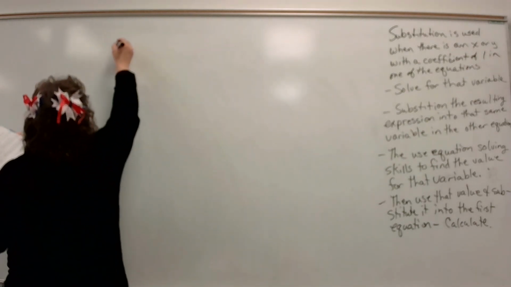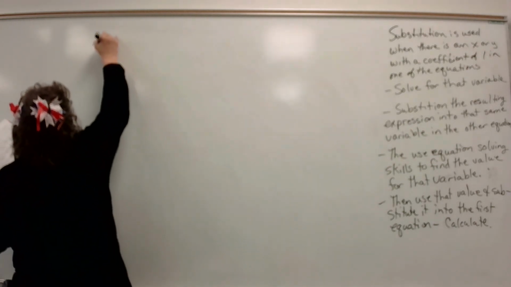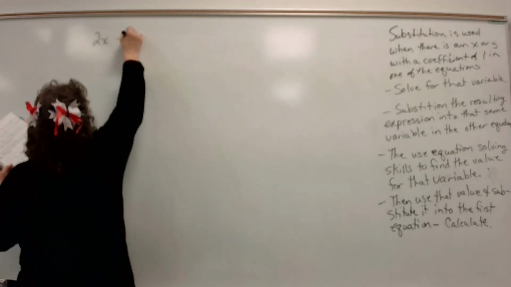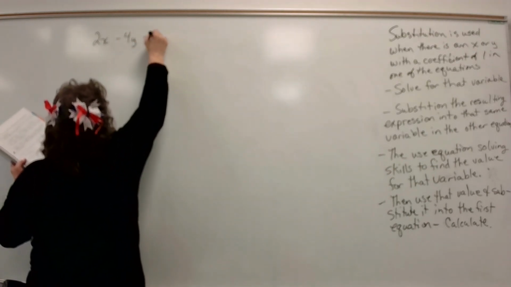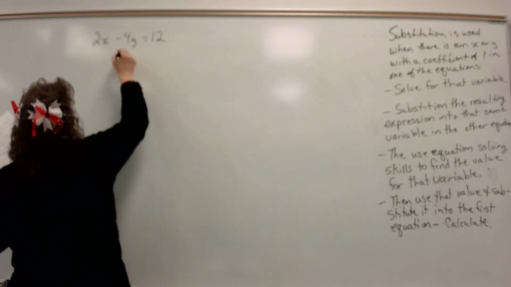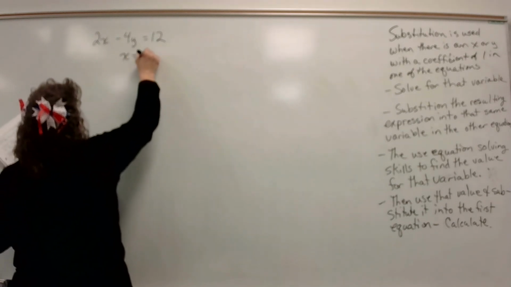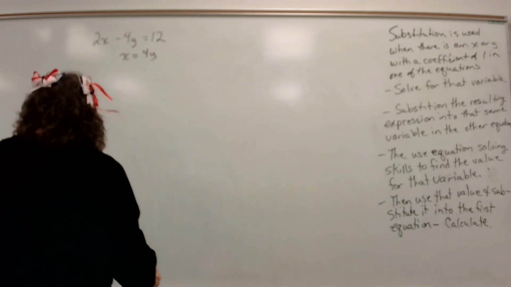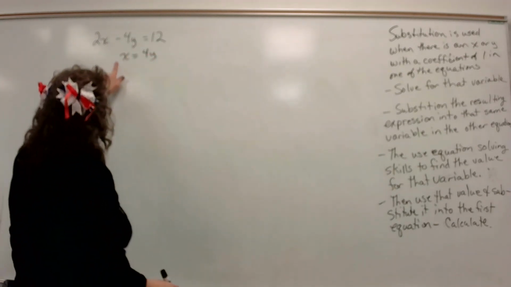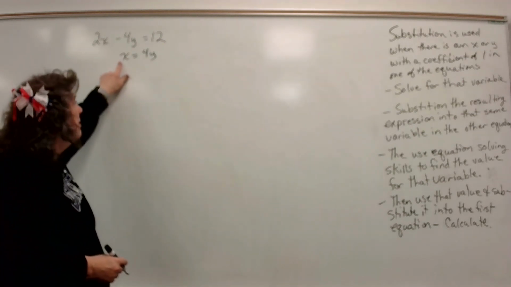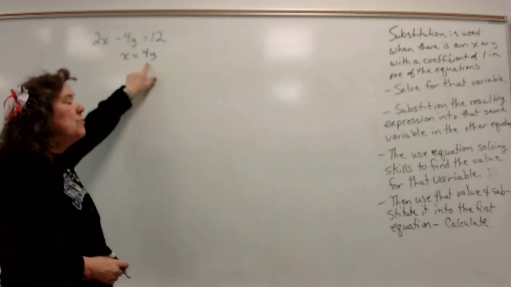So we have our first set of two equations, 2x minus 4y equals 12, and x equals 4y. Well, this one is already, my x has a coefficient of 1, and it's already equal to 4y.